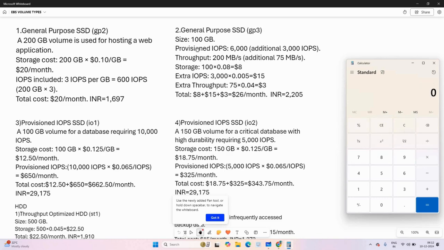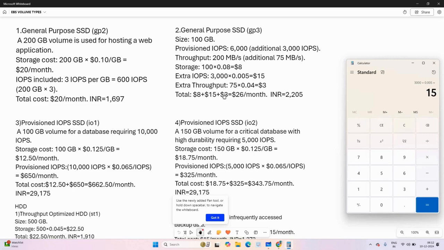Then 100 GB, 100 into 0.08, so 8, and the extra IOPS 3000 into 0.05 is equal to $15.